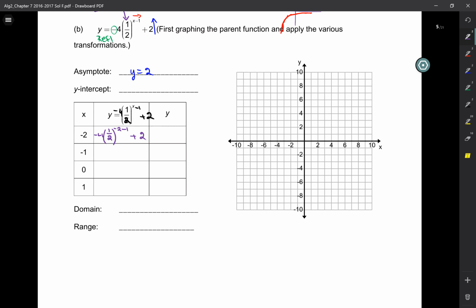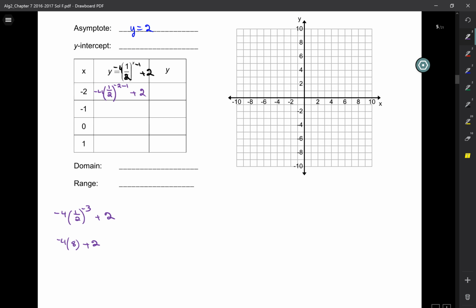We'll take care of that later. So this will be -4. I'm going to go down here. -4 times 1/2 to the power of -3, plus 2. So this is -4 times 2 to the 3, which is 8, plus 2. How much is that? -32 plus 2. This is -30.